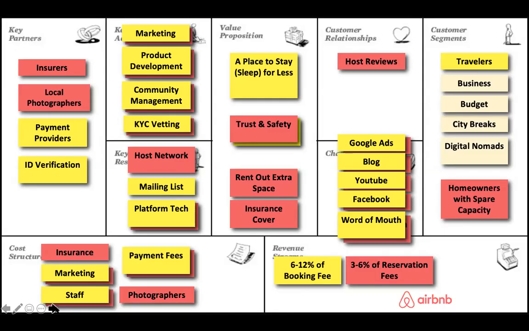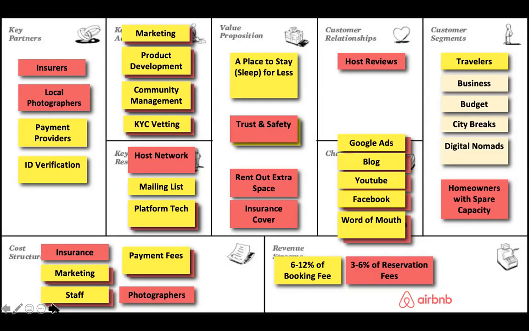And what do you feed first? Do you first create capacity of the homes, or do you first create interest in the travelers, or do you do both at the same time? And each one has its pros and cons, and this is where prototyping and experimentation comes into play to help you test some of these assumptions. And this is a typical business model where you need to test it.